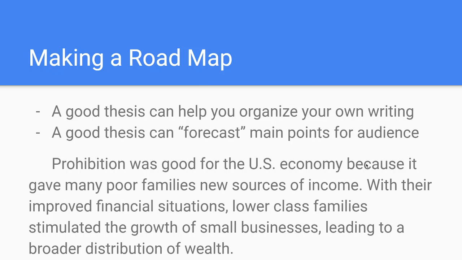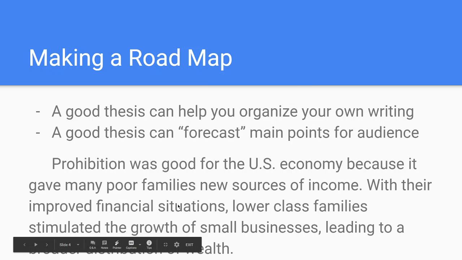Then they're going to move on to talking about poor families getting new sources of income. It's probably going to be the first section of the body of their paper. And then from there, they're probably going to move on to talk about how the improved financial situations of poor families help them stimulate the growth of small businesses.